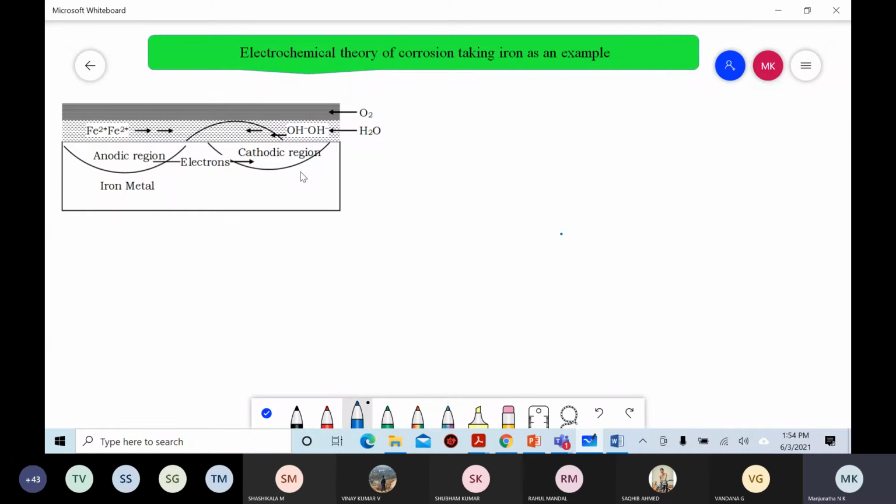That reduction reaction mainly depends on the nature of the environment. First, coming to the reactions observed at the anodic region and at the cathodic region.